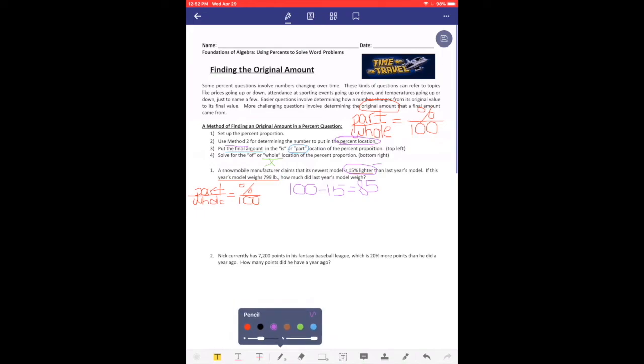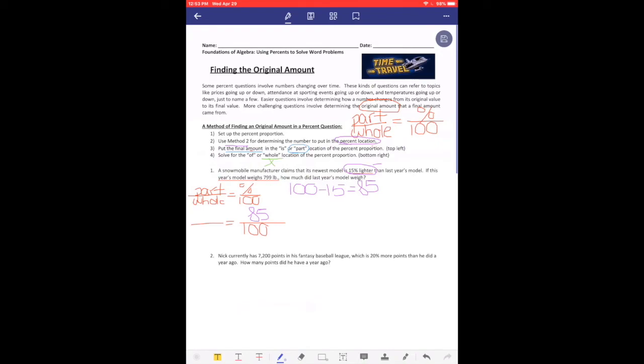So if I set up this fraction again, the percent we just found was 85. The 100 in the bottom right always stays the same. Now, the part is always the final amount, what we're at right now.